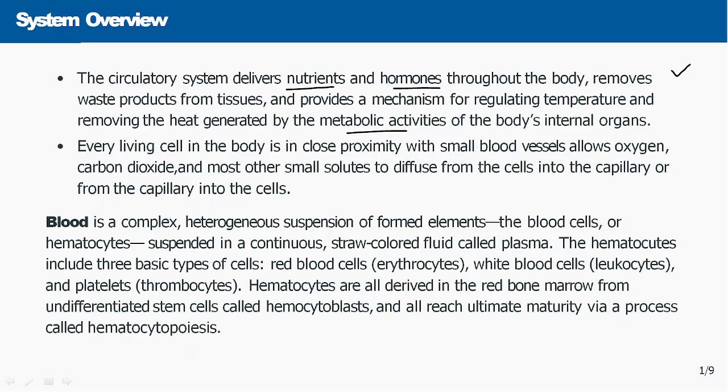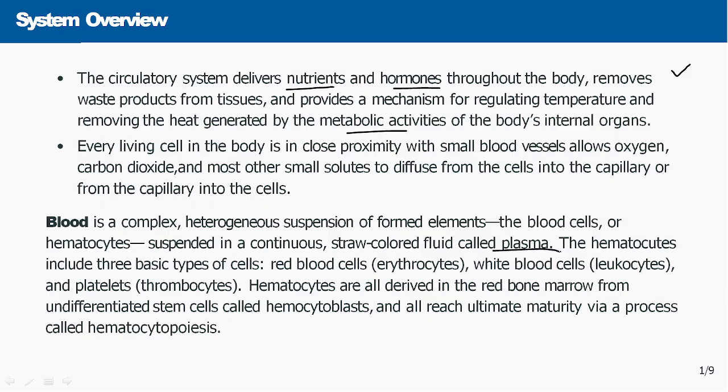All these things are connected through the blood. So, blood is a complex, heterogeneous suspension of formed elements, the blood cells, or we call them hematocytes. They are suspended in a continuous, straw-colored fluid called plasma, and the hematocytes include three basic types of cells.